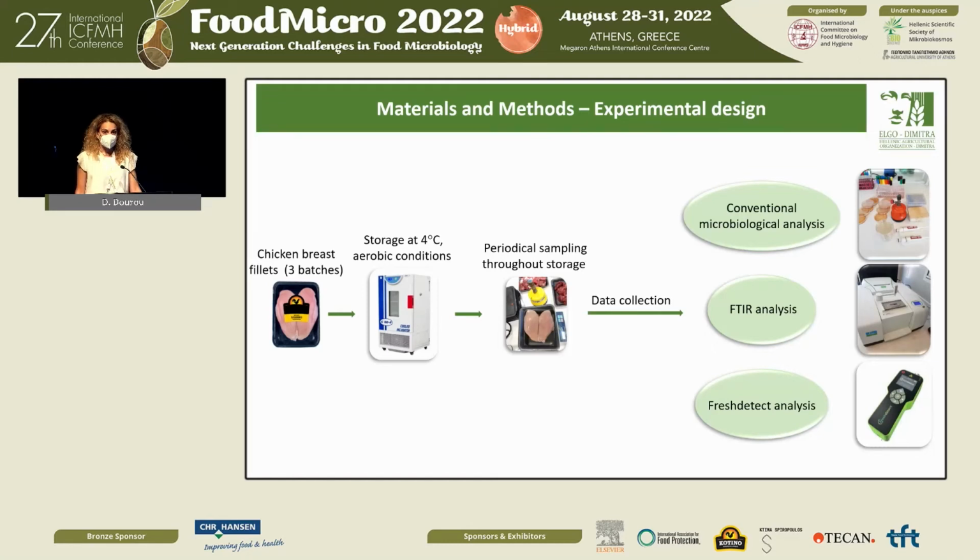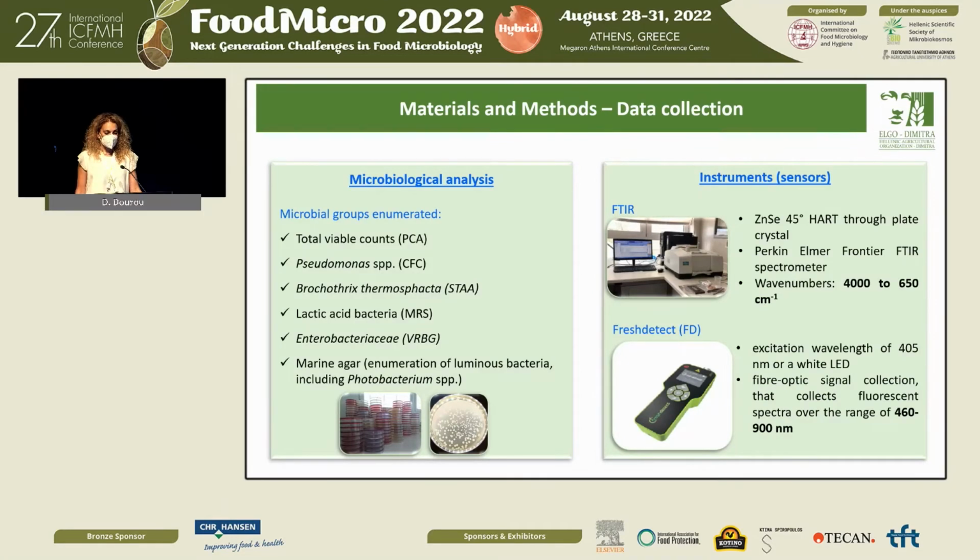Data were collected with conventional microbiological analysis, FTIR analysis, and Fresh Detect analysis. We enumerated the total viable counts, Pseudomonas, Brochothrix thermosphacta, lactic acid bacteria, Enterobacteriaceae, and we also enumerated the luminous bacteria, including Photobacterium sp., which has been very recently associated through next-generation sequencing analysis with meats and chicken meat in particular.